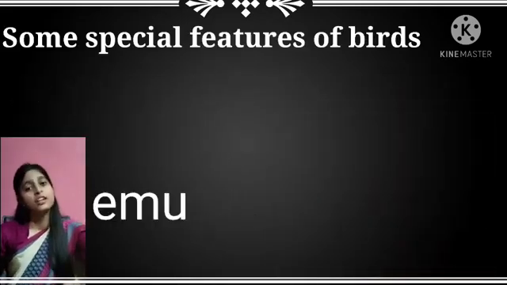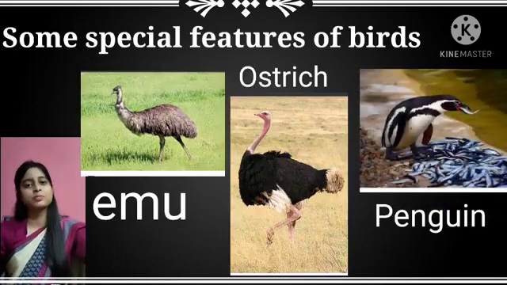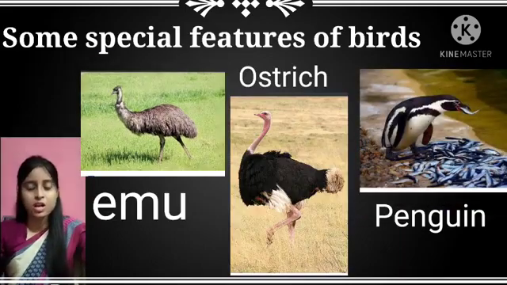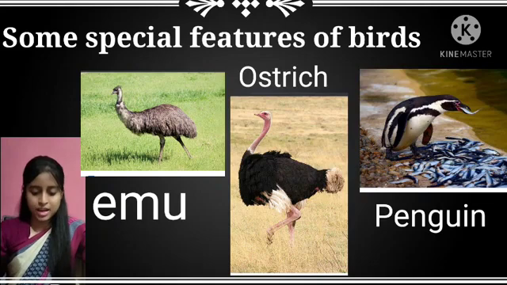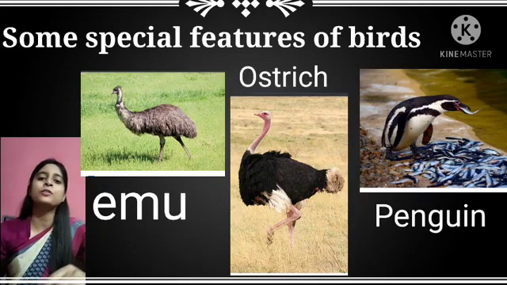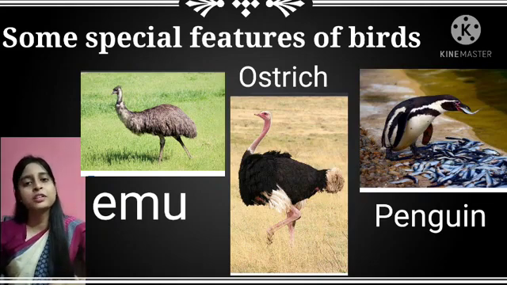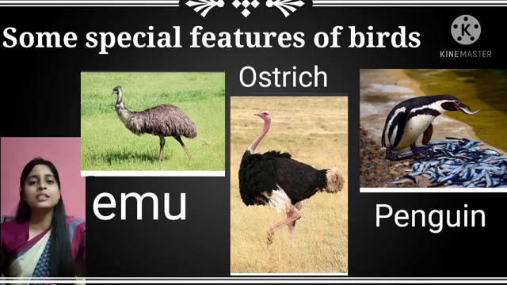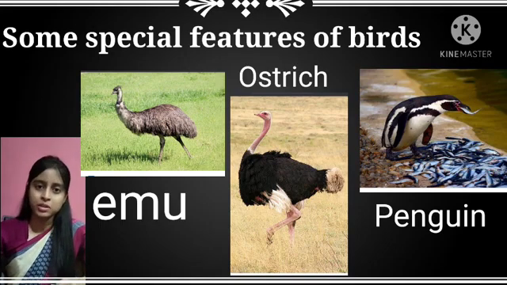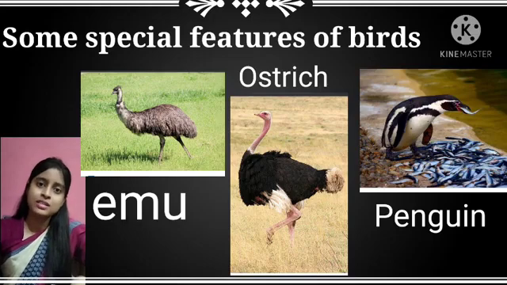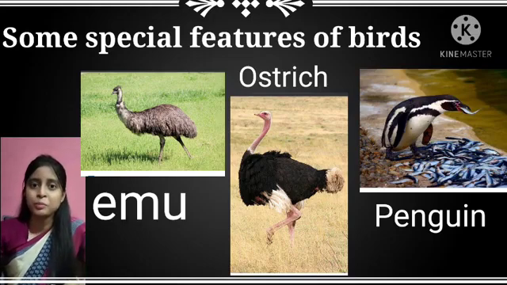Now we will discuss some special features of birds. Ostriches, emus and penguins are birds that cannot fly. These birds have wings but still they cannot fly, and these types of birds are known as flightless or running birds. Some examples are ostriches, emus and penguins.